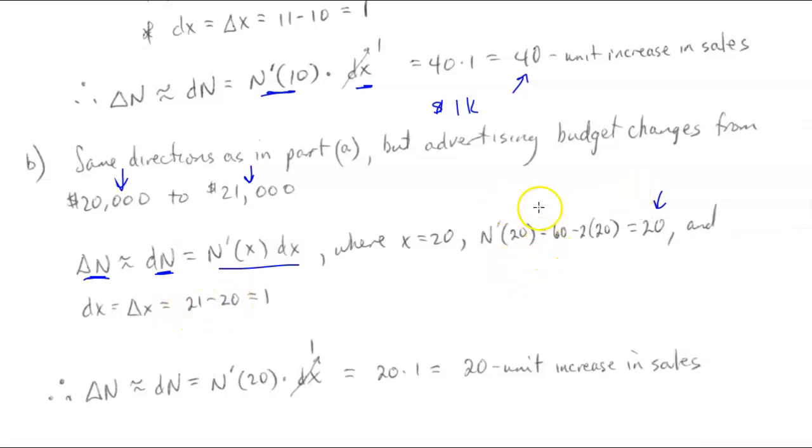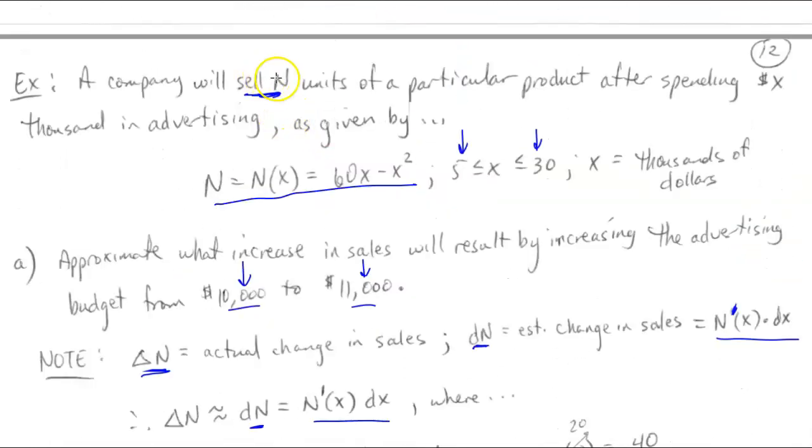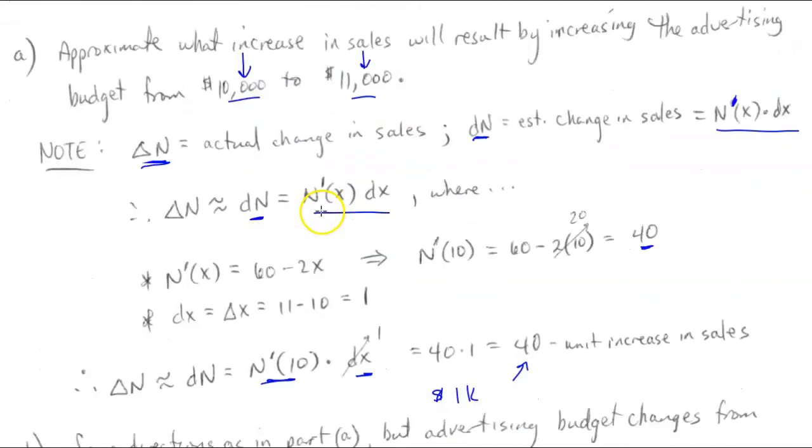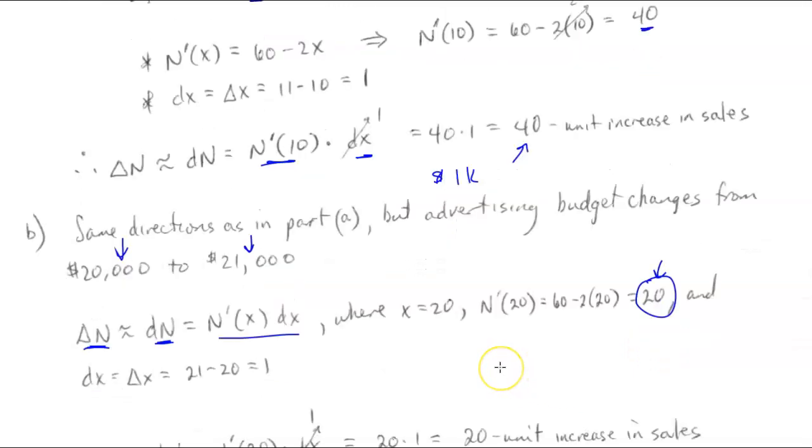And I guess to put that into perspective here, N is going to be the number of units sold per $1,000. Okay. So what we're saying here is this is 20 units sold per $1,000. That's what that number means. And of course, the change again is just 1,000. So that's just going to be 1.